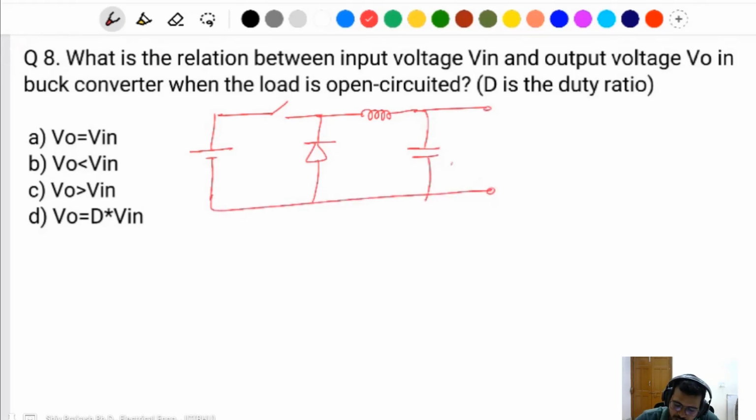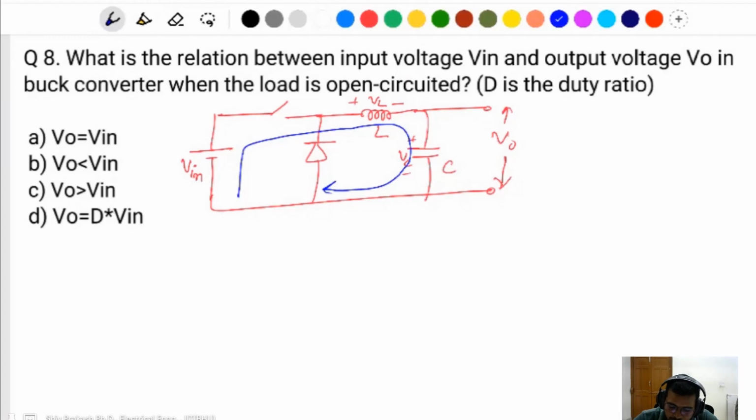With this open circuit, there is C, L, and the output voltage VL, VC. VC is the same as the output voltage. This will be VS or V in, and the switch is on. If the switch is on, current flows like that, and the circuit is a DC voltage source connected to the LC circuit.